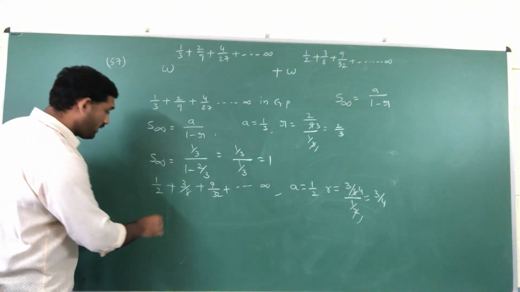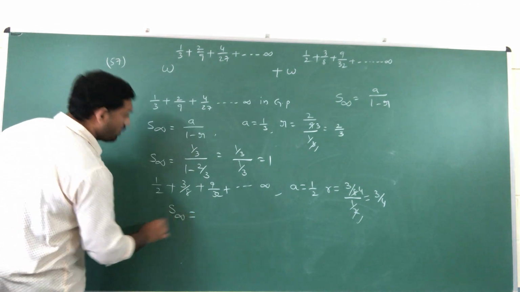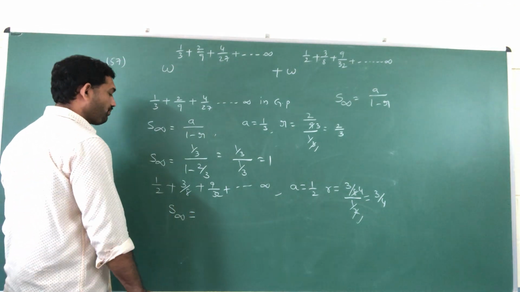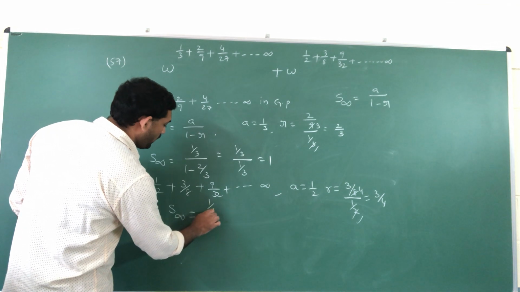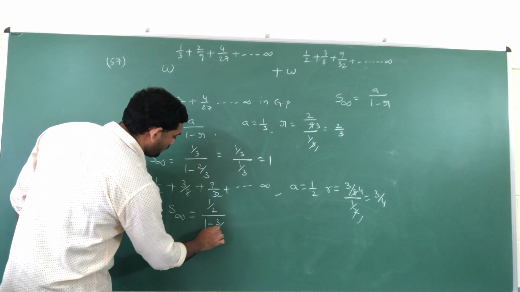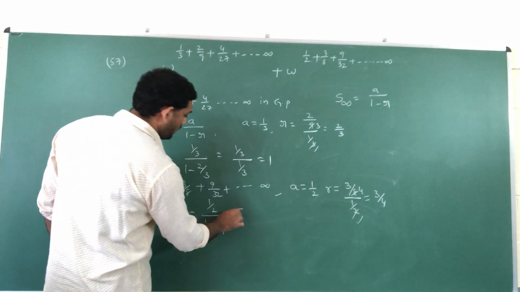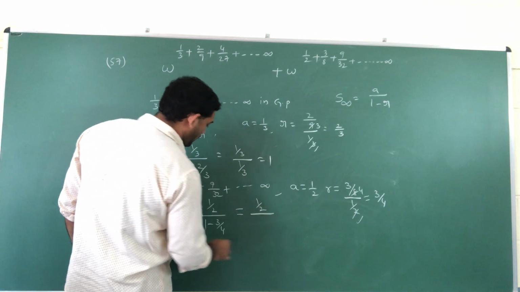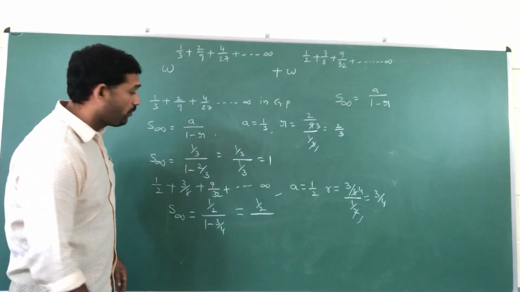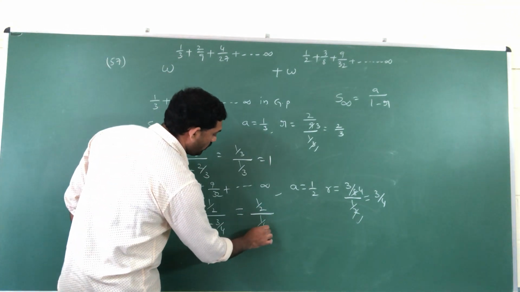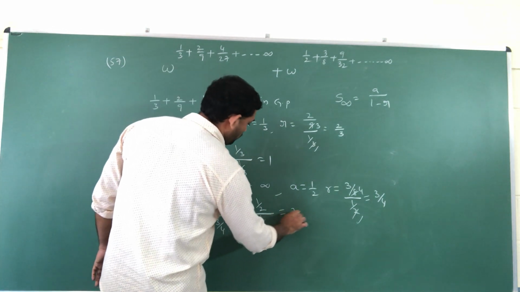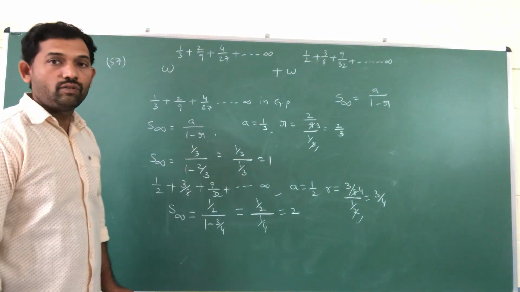Now S infinity equals (1/2) divided by (1 minus 3/4), that is (1/2) divided by (1/4). Simplifying, we are getting 2.